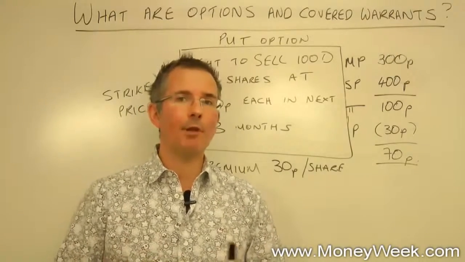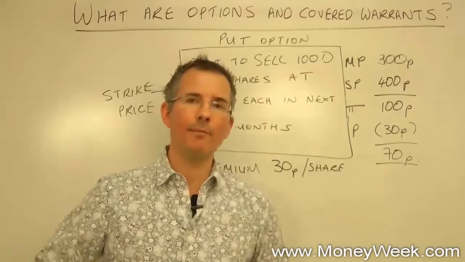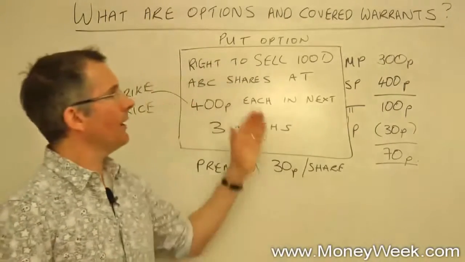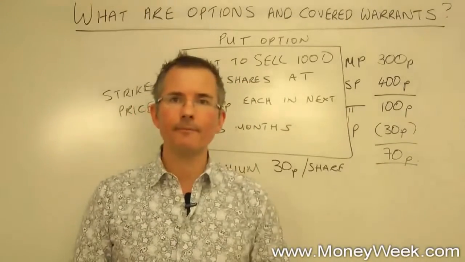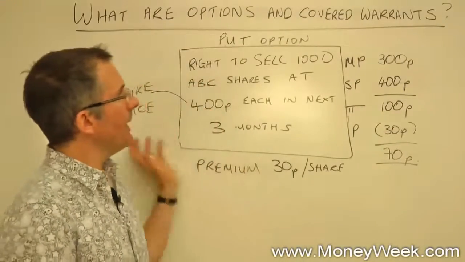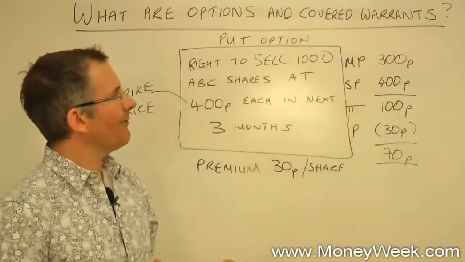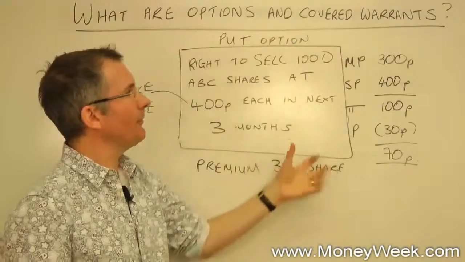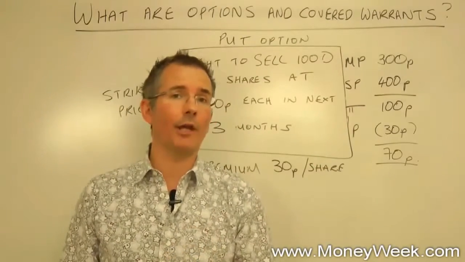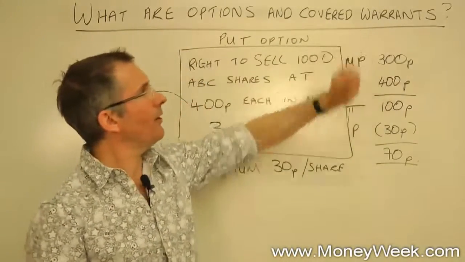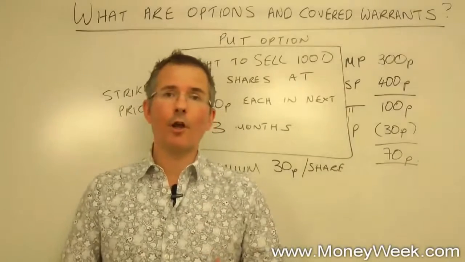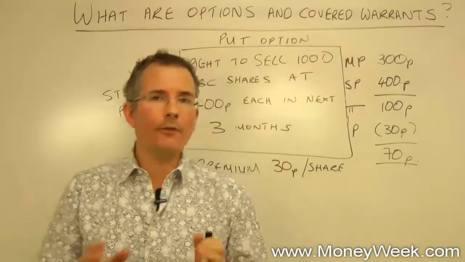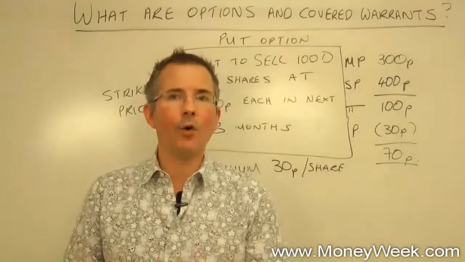An option can be traded on in that way because the premium will alter depending on what the underlying share price is actually doing. Okay, so in summary, options are a little bit fiddly. They have quite a few terms and there's quite a lot of jargon, and they're not for everybody. Covered warrants are the retail equivalent of an option and follow all the same principles. So in summary, why would I buy a call covered warrant?